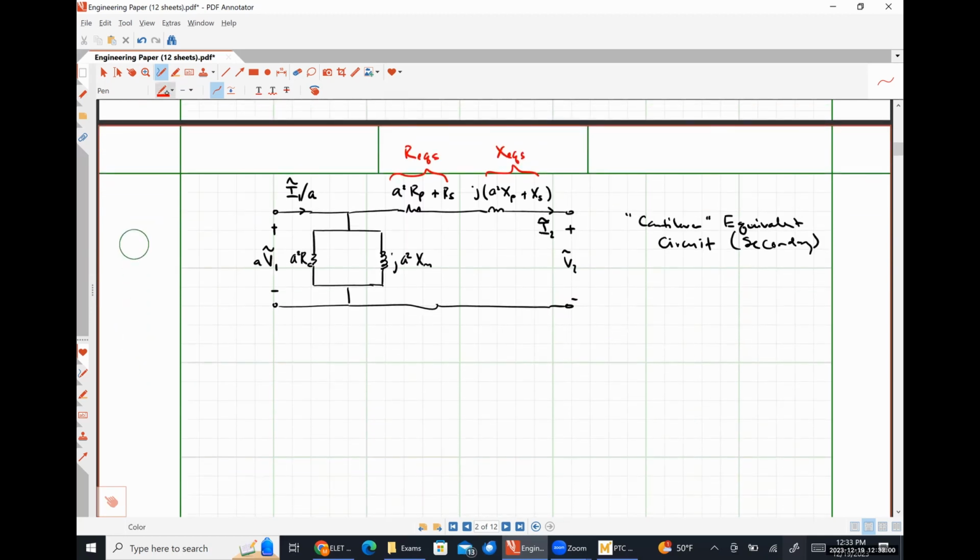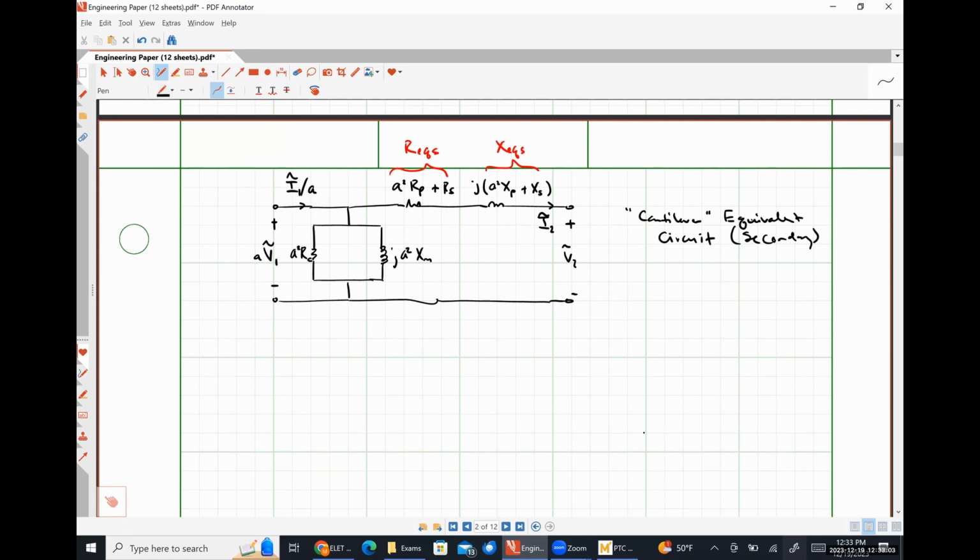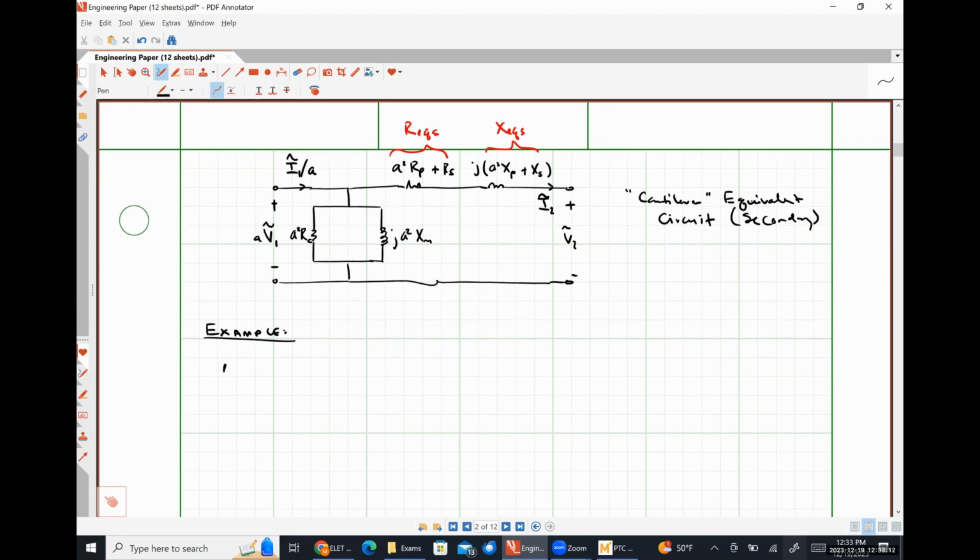All right, let's use this. So let's say that we have a 20 kilovolt ampere rated, 8,000 volt RMS to 480 volt RMS distribution transformer.